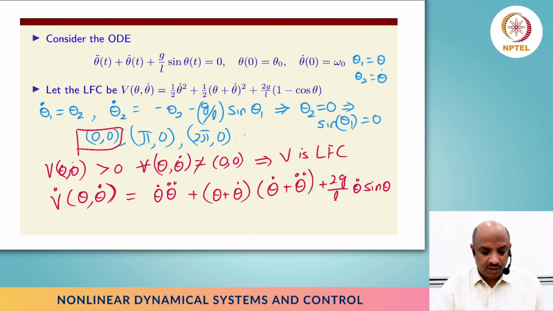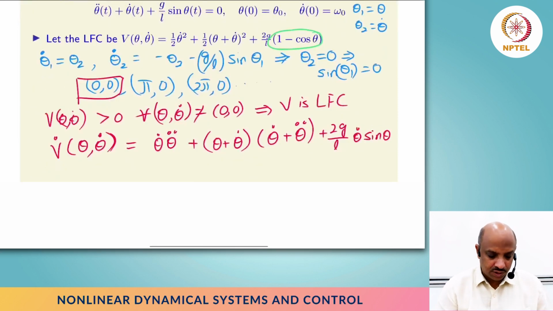Of course, one can think of this 1 minus cosine theta. If you recall, cosine theta itself is 1 minus theta square over 2 and so on and so forth. We'll get something like theta square there, right?